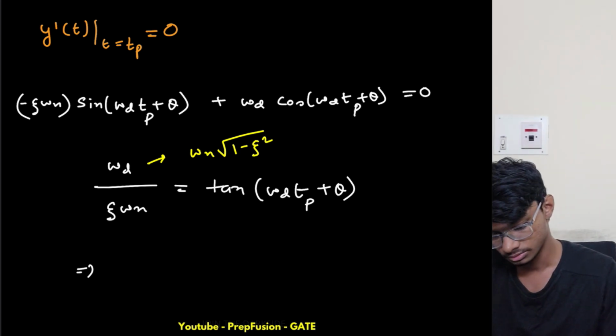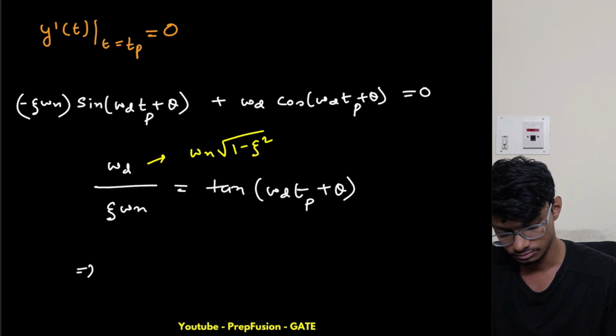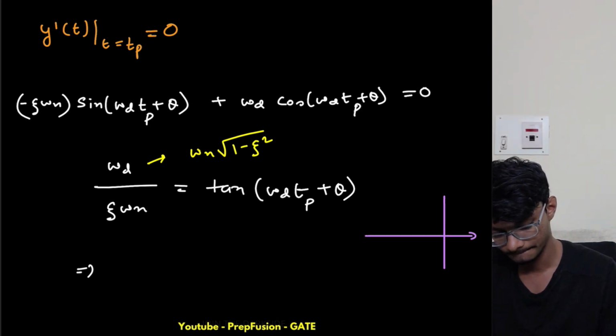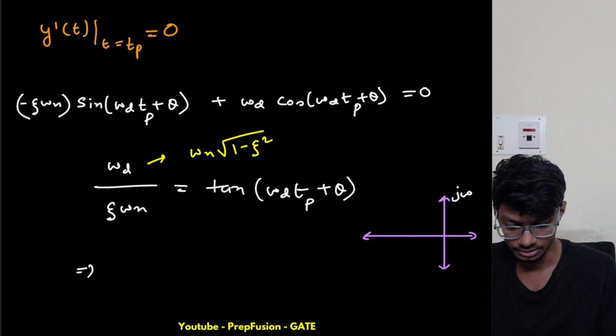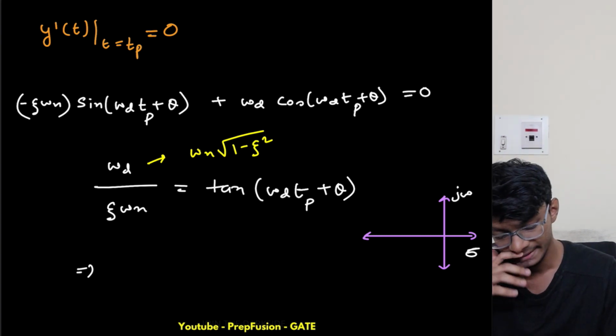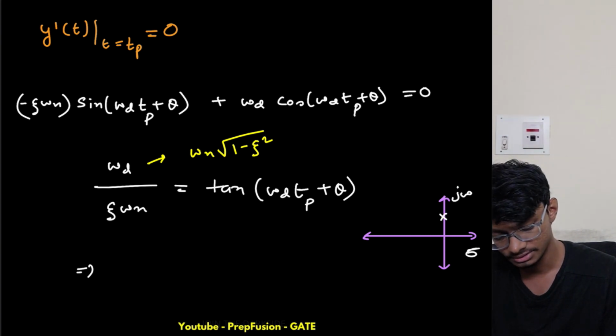We can always use the help of the graph. So this is my j omega axis, and this is my sigma. This is omega d, which is equal to this root, and I should not write a cross sign there, that is wrong.